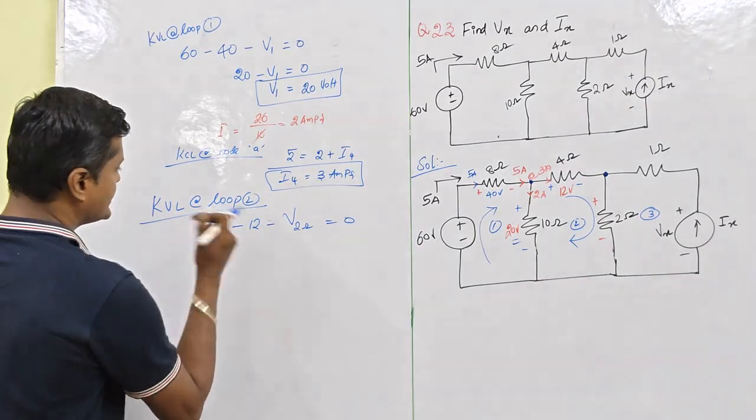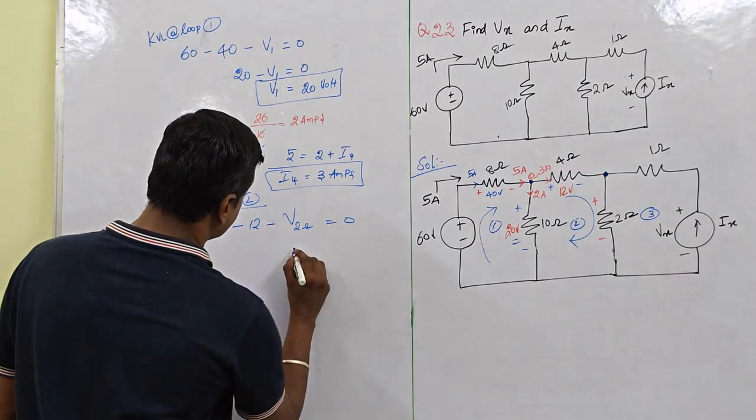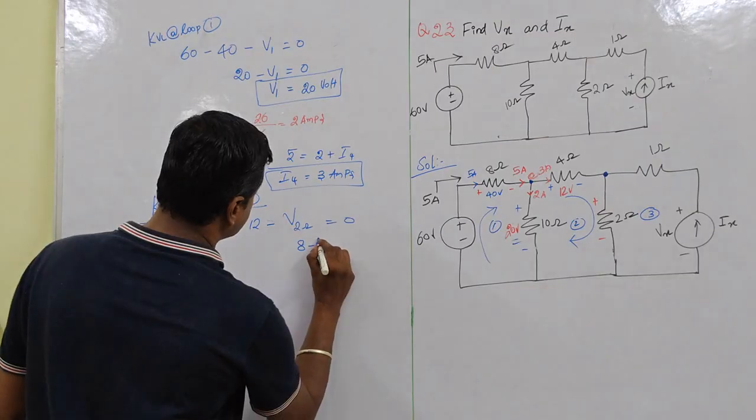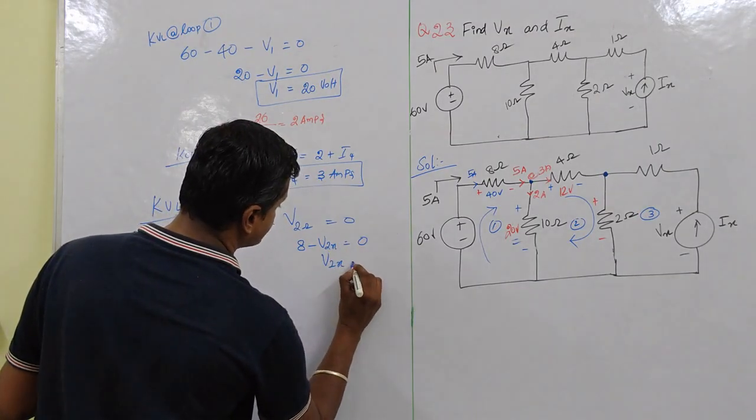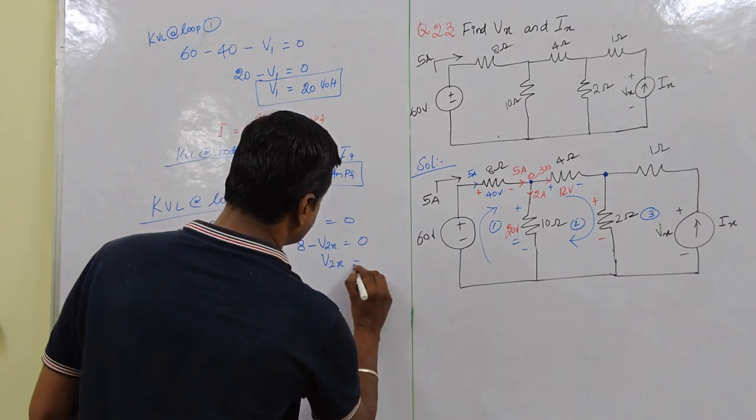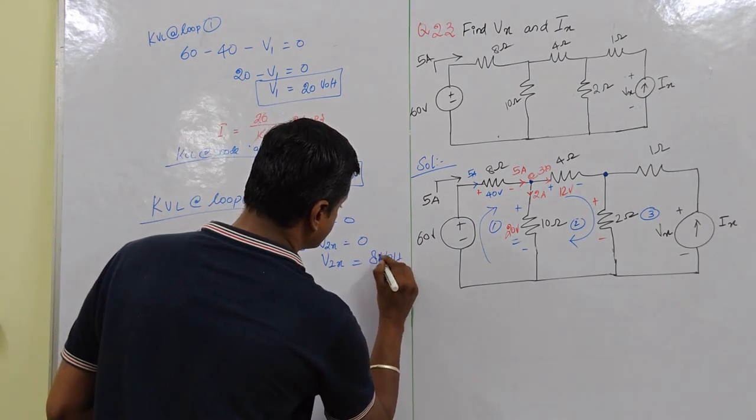So what is the value? 20 minus 12 is 8, minus V2x equal to 0. So V2x is equal to 8 volt.